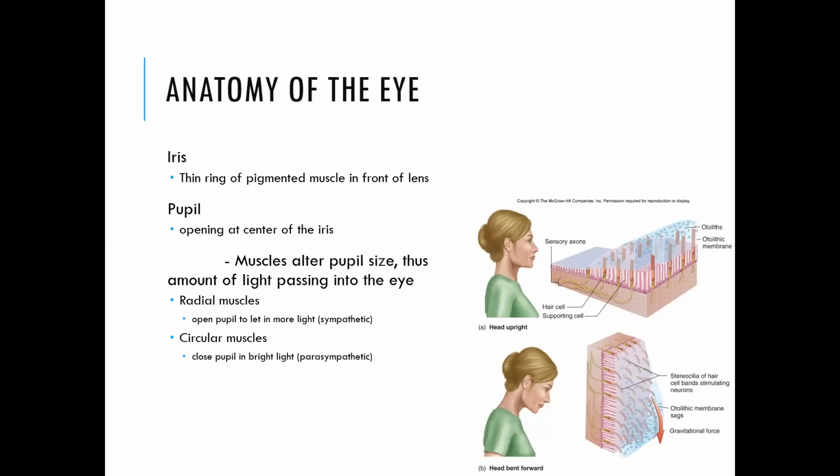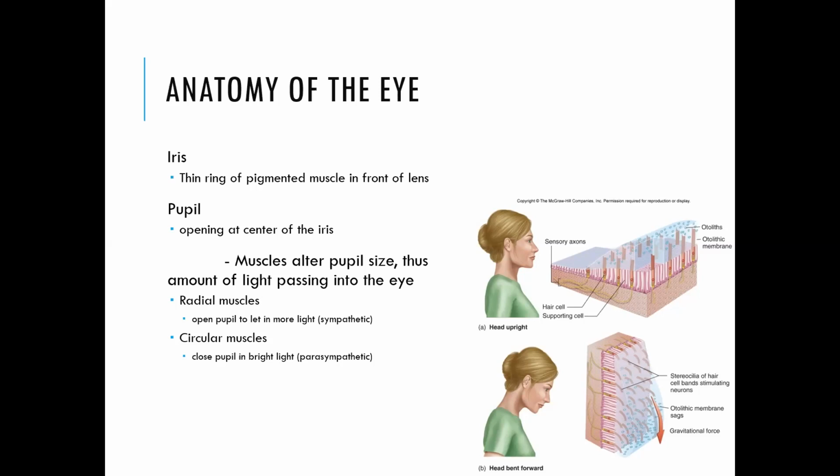So if you enter a dark environment, the pupil size is going to increase drastically so that it allows as much light as possible to enter your eye so that you can try to see what's going on in that dark surrounding. Compared to if you're in a room that has really bright light, your pupil size becomes much smaller because of the amount of light that it's responding to, okay?